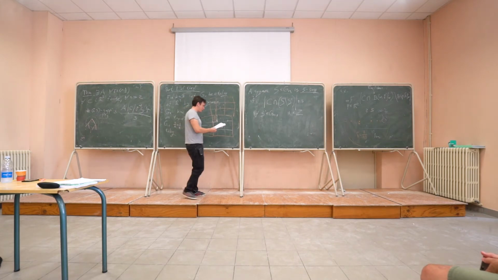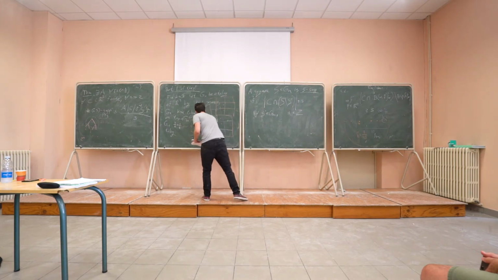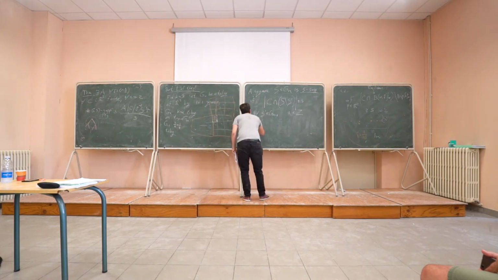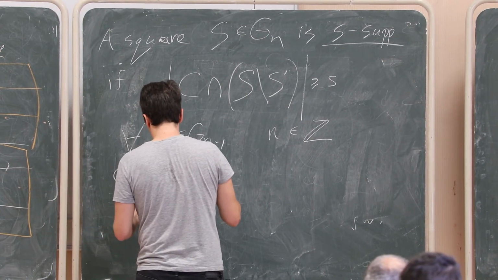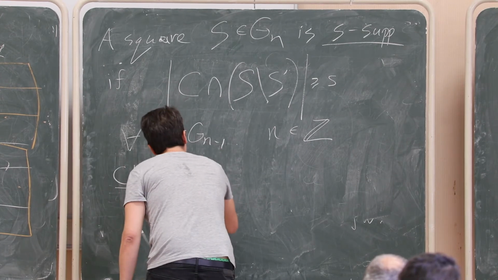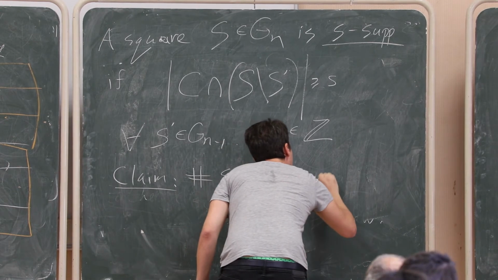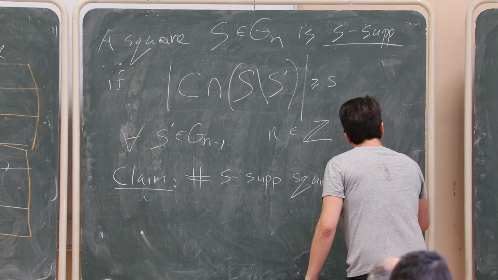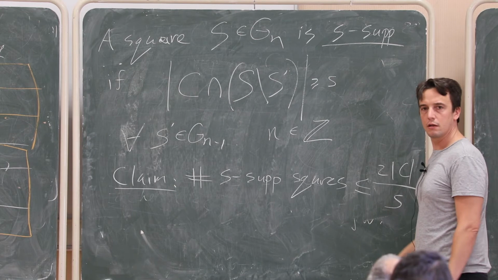And the statement is as follows. The claim is, of course, as we can expect, there cannot be too many S-supported squares. So the claim is the number of S-supported squares is no more than twice C over s, and here it is little s.